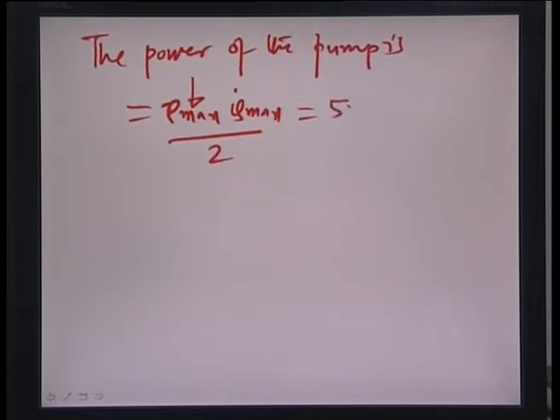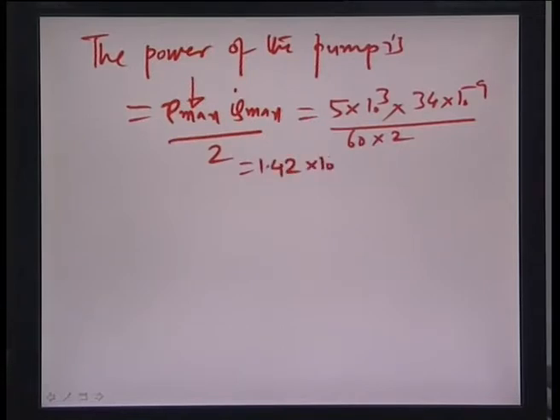So, 5 times 10 to the power 3 pascals is what the P max is. Q dot max is essentially the maximum flow rate, which is about 34 microliters per minute. So, I can write that as 34 times 10 to the power of minus 9 meter cube divided by 60 for the per second into 2. So, this comes out to be equal to about 1.42 times 10 to the power minus 6 watts. That is what the power of the pump is.